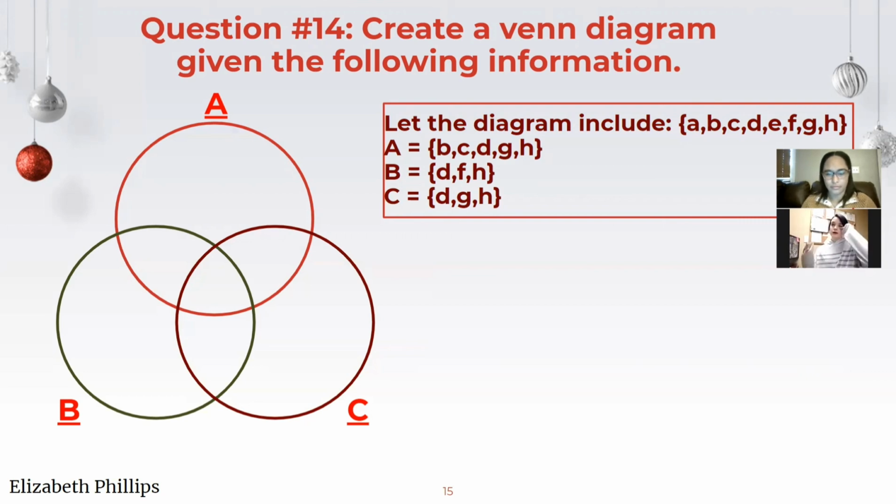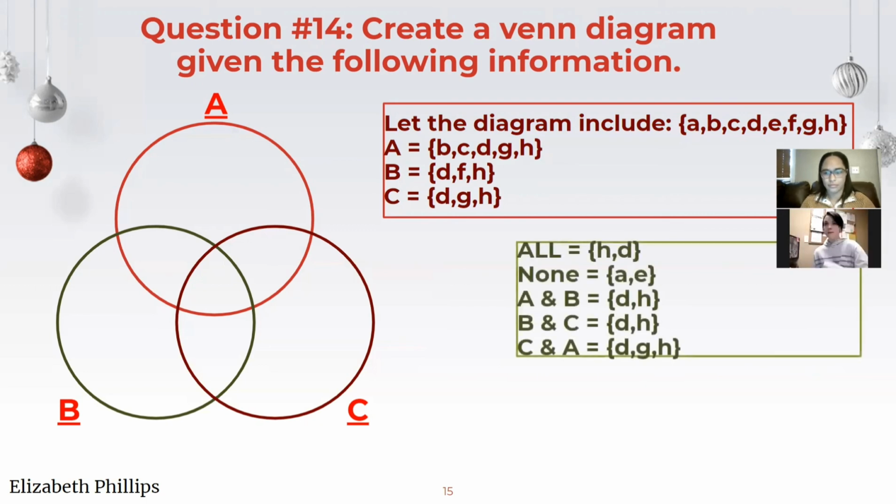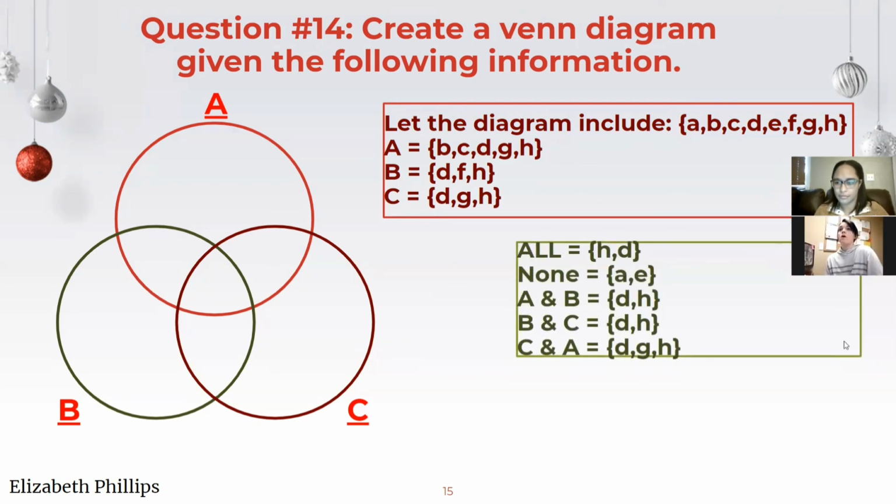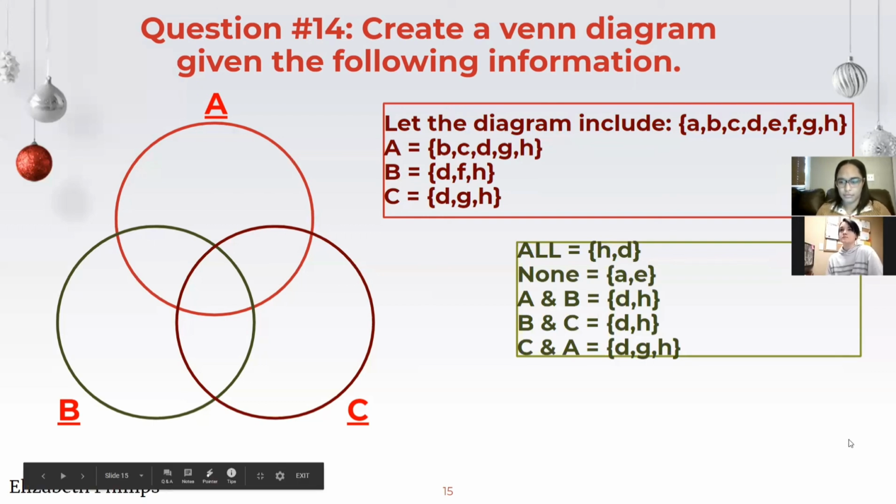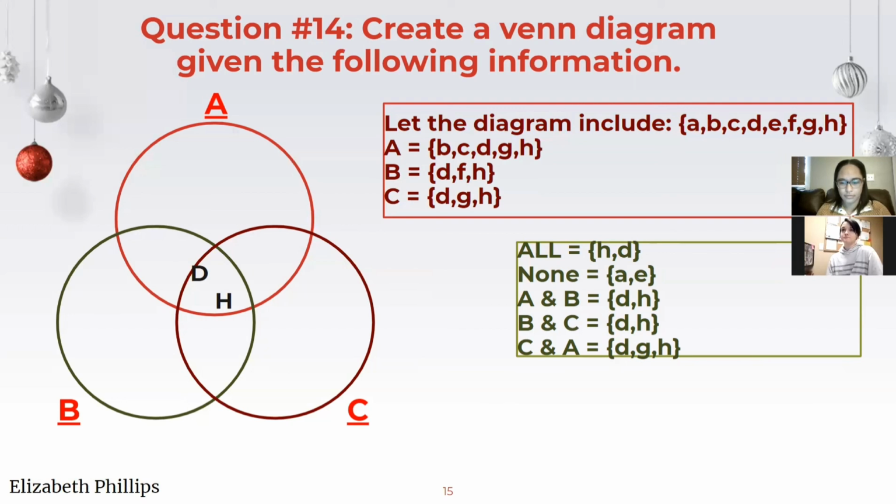So if we go ahead and look at our problems, we'll notice that all of our shapes have D and all of our shapes have H. Again, if we look through all of our letters, we'll notice that none of them have A and E. So now we're going to narrow down our circles.